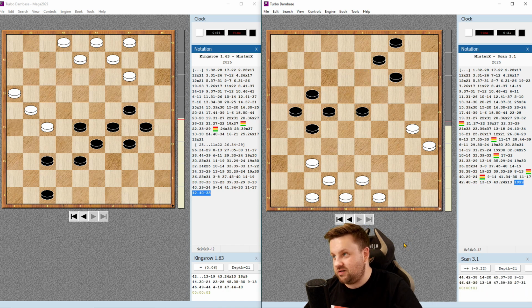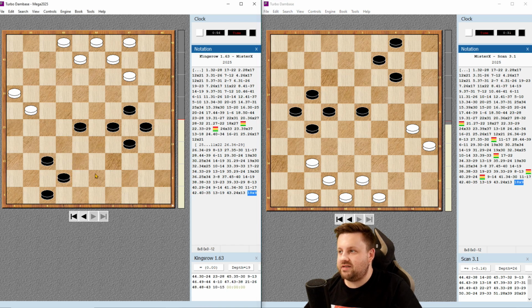Now, after all, Scan exchanges backwards, but the difference in tempos stays the same. After this exchange of the piece from the 6th line, exchanging it back, the number of tempos stays just the same.